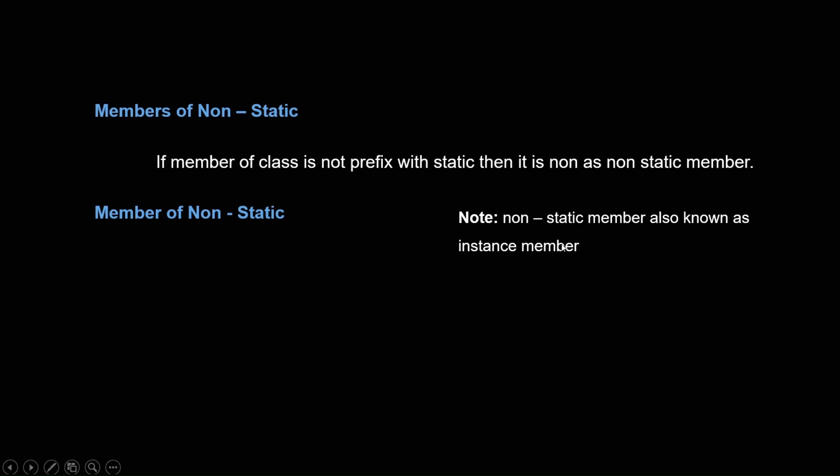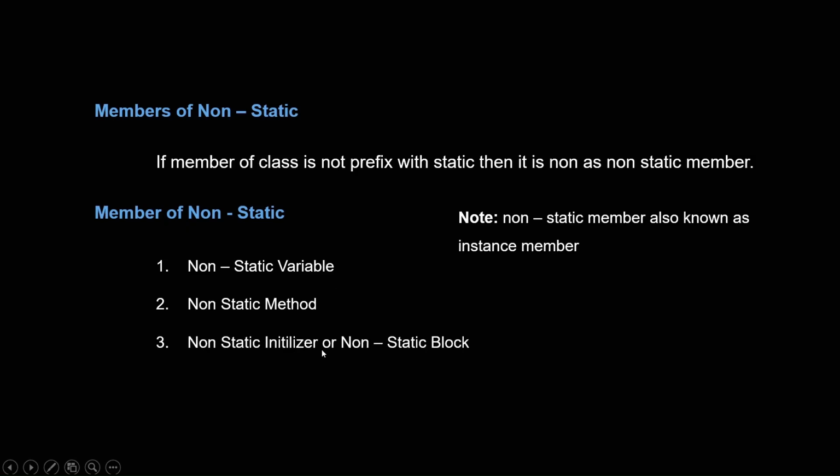What it means is if you have a variable, if you have a method, that is also called an instance method or instance variable. So the members of non-static are the non-static variables, non-static method, non-static initializer, or non-static block. Also, we have a constructor. So let's discuss one by one.